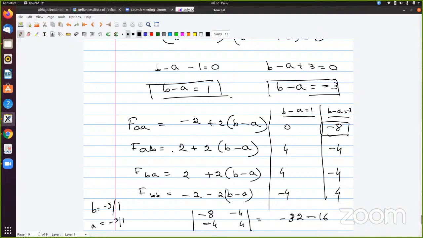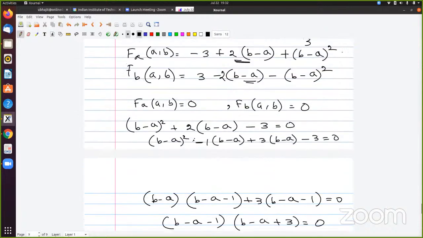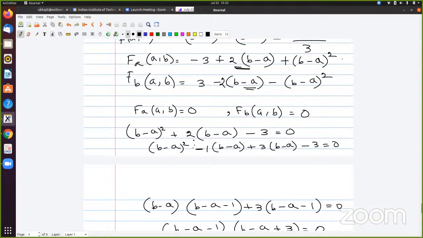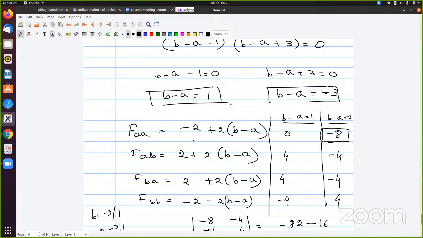Sir, f_a is 3, b minus a square, so it should be minus 2, b minus a, f_aa. So f_aa is -2, b minus a, and it should be minus, you are saying, right? Yes, sir.